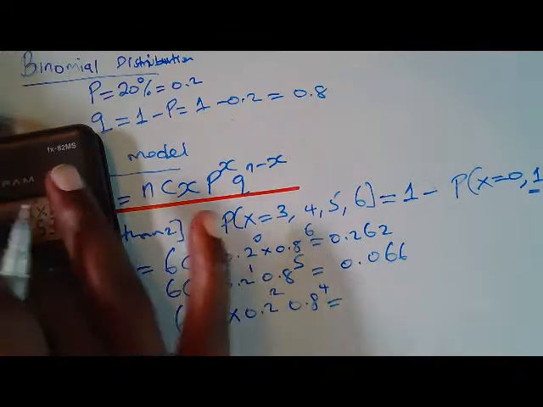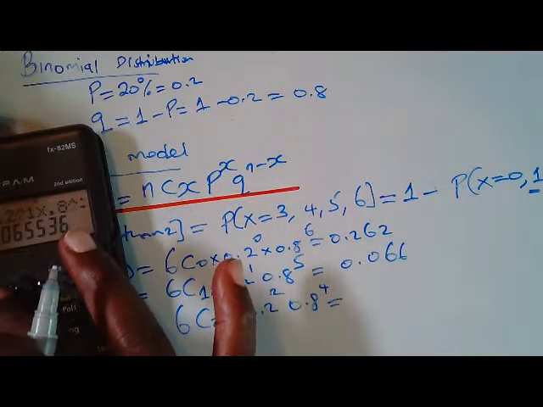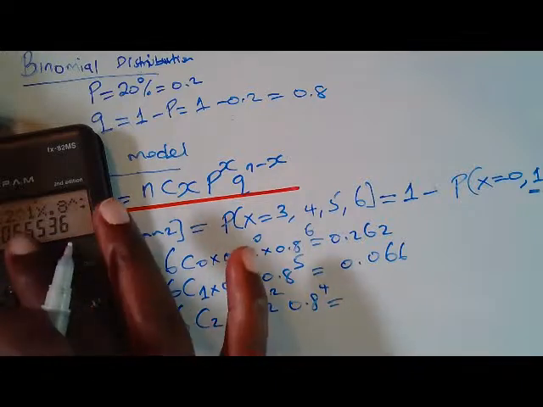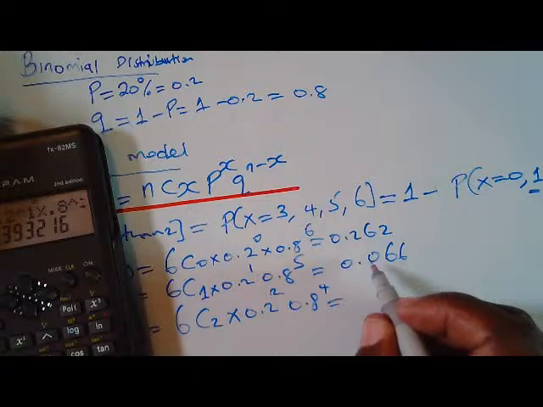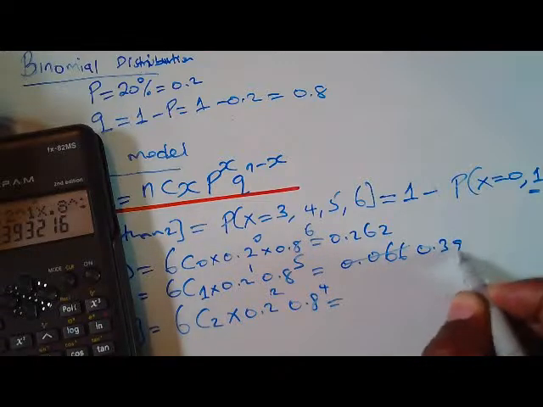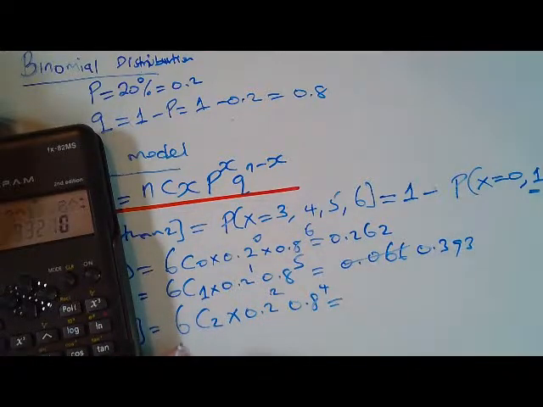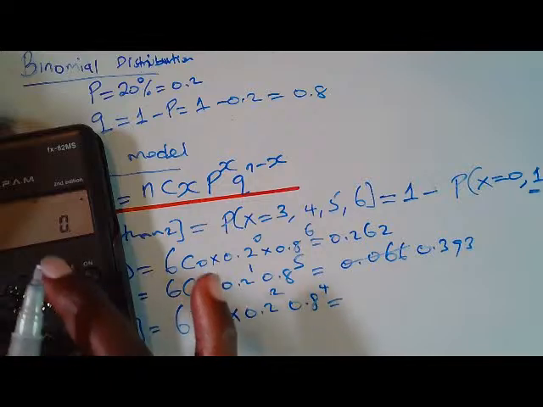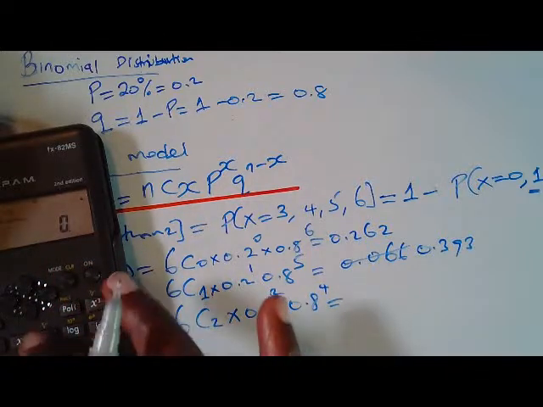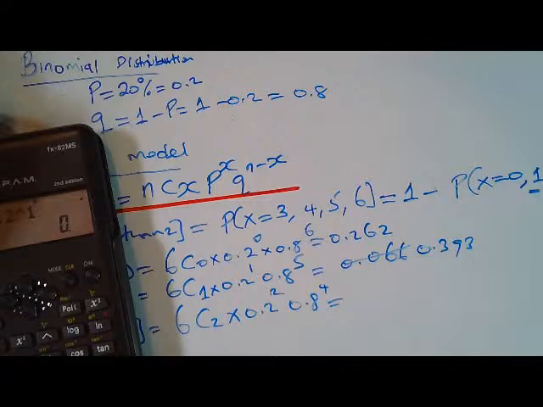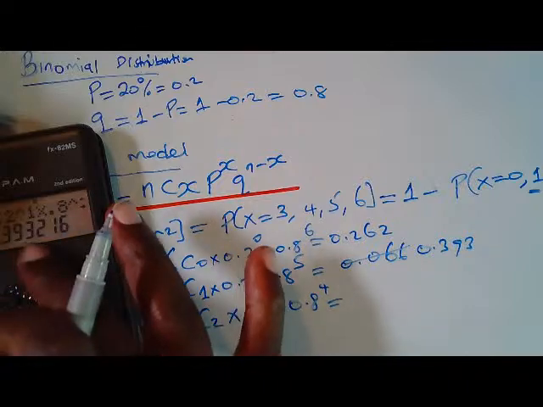Now, I should have also changed this one here. 6 combination 1, 0.2 raised to 1, this is supposed to be 0.393. I can repeat it again. We are saying it is 6 combination 1 times 0.2 raised to 1 times 0.8 raised to 5 equals 0.393.